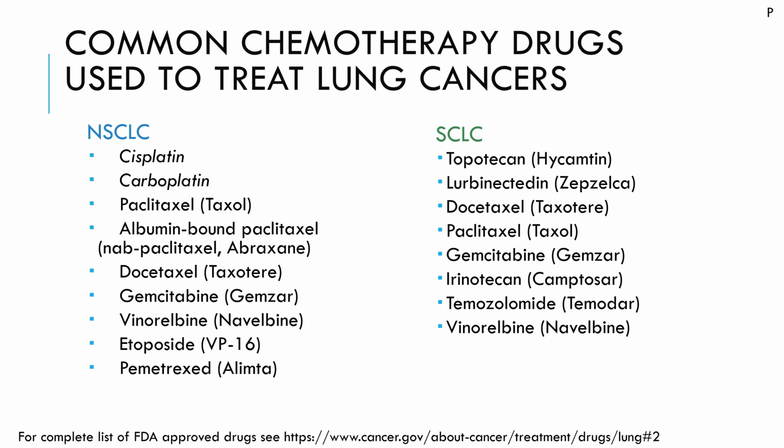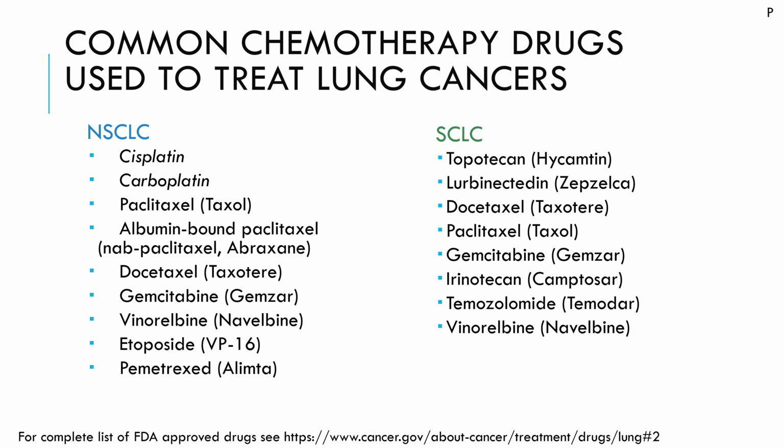In the non-small cell lung carcinomas, typically oncologists use a platinum-based therapy, and that would include cisplatin and carboplatin, used one or the other in combination with one of the other drugs that's listed below, so paclitaxel, docetaxel, any one of those.